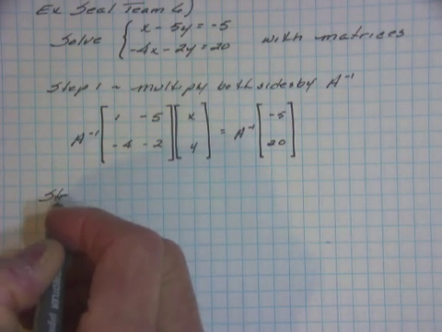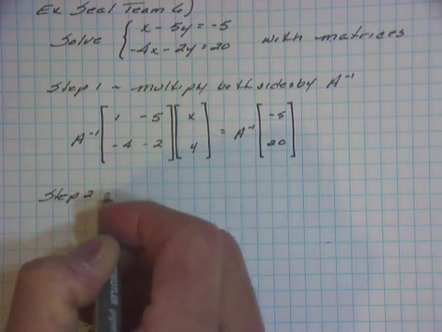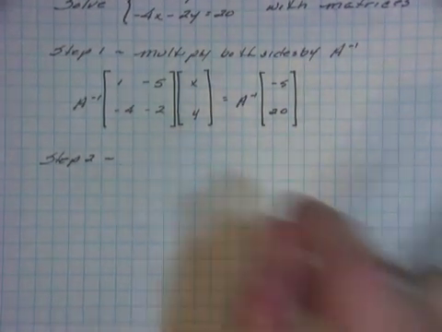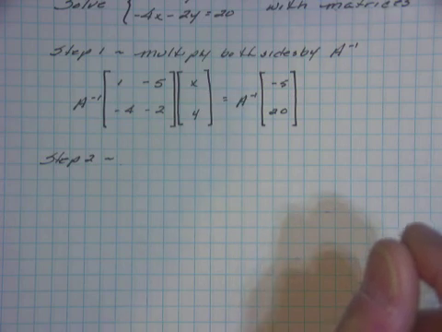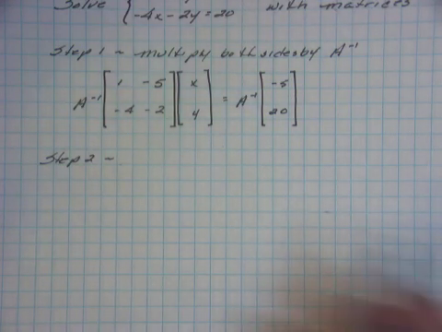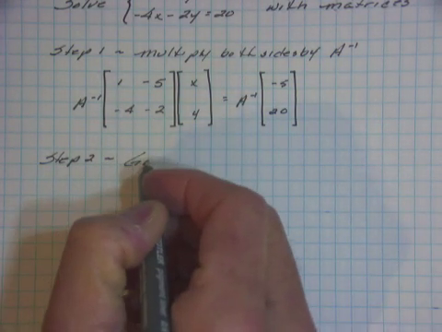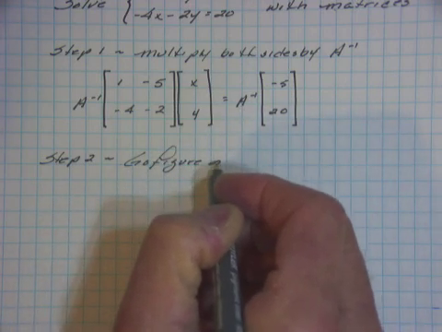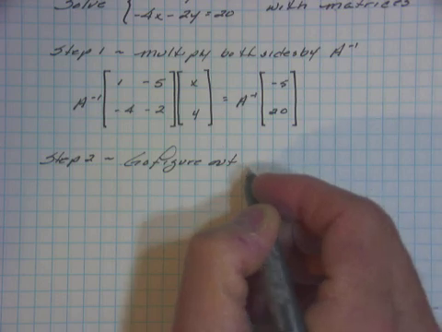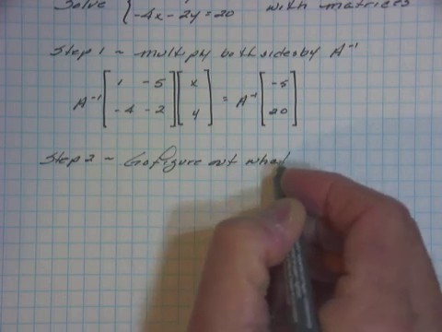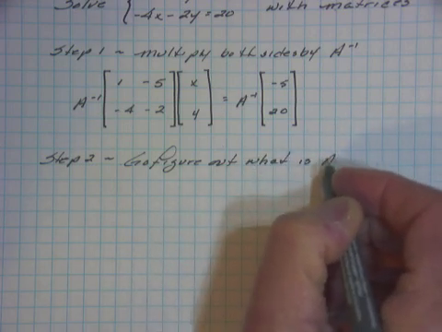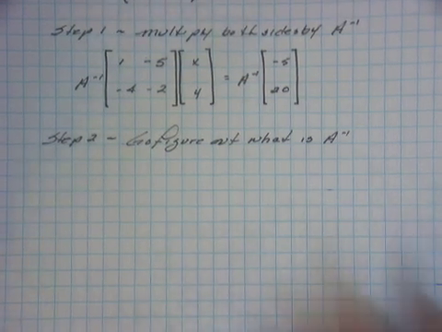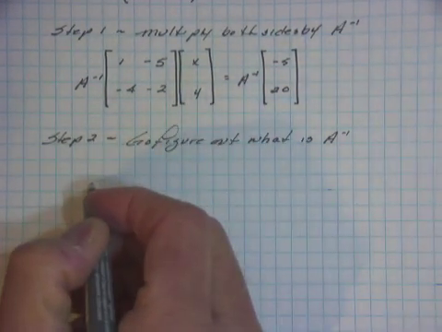Now we're going to have step 2. I showed you 2 ways to find the inverse matrix last time. We're going to use the easy way. So step 2 is go figure out what is the inverse matrix.